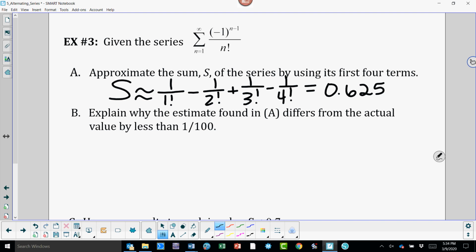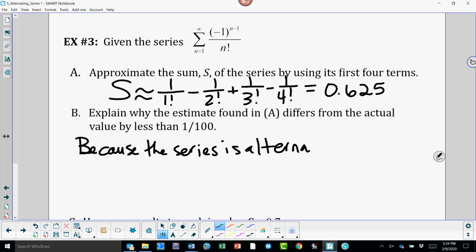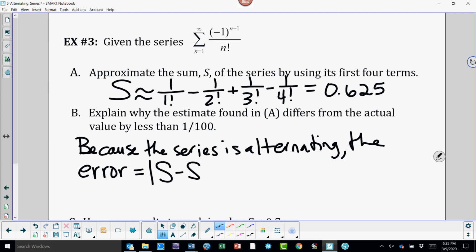So we would say, because the series is alternating, the error is going to be the absolute value of S minus S4, the difference in those two things.